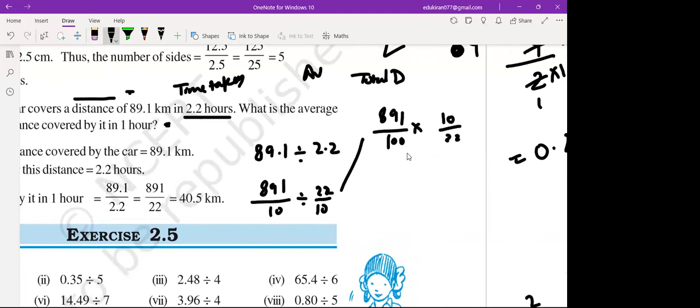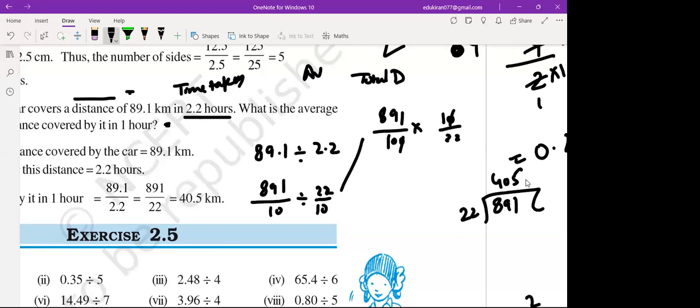Fine? Yes, ma'am. The 10s got cancelled. Now you can divide these two. 891 divided by 22. Okay, 40. So you got 40.5.